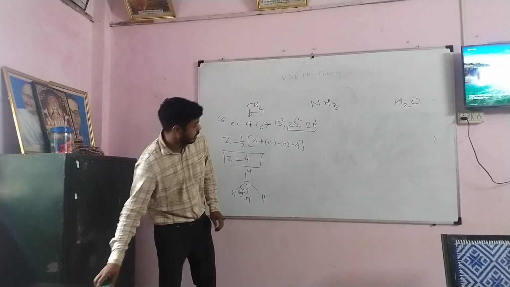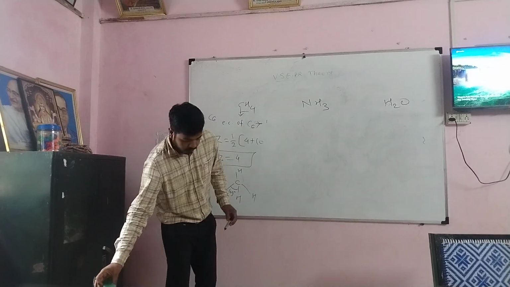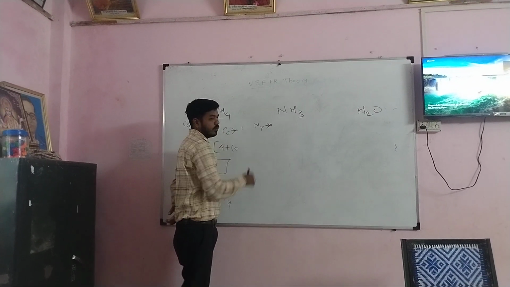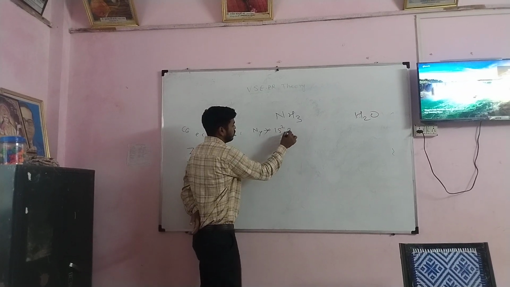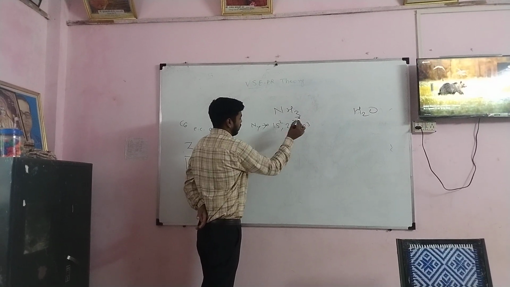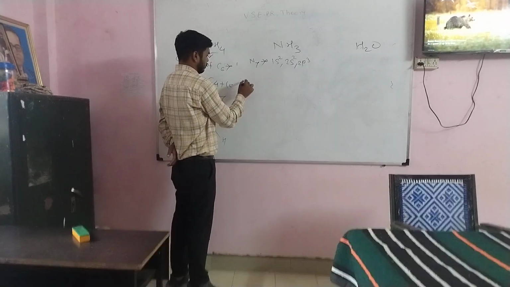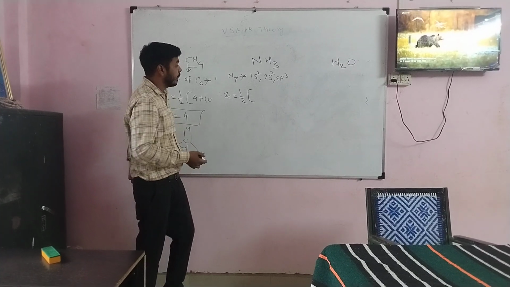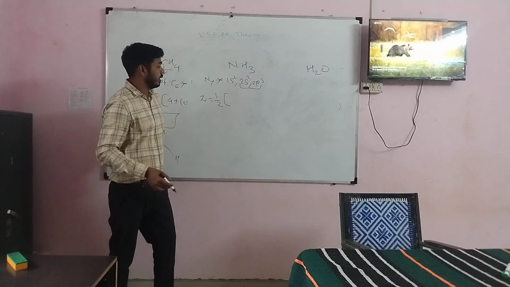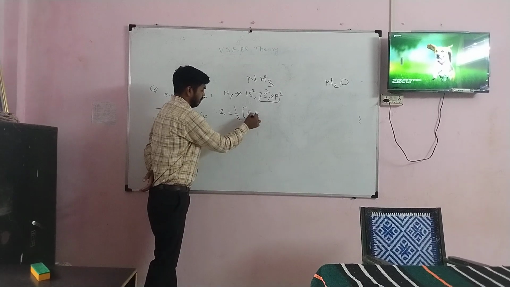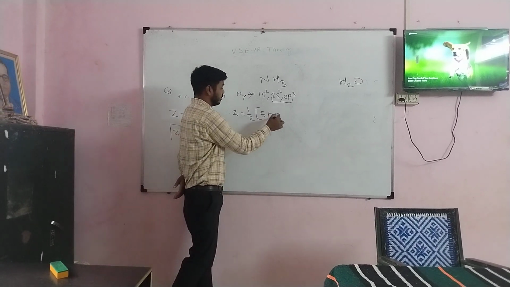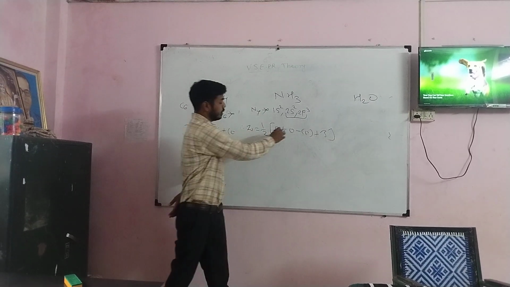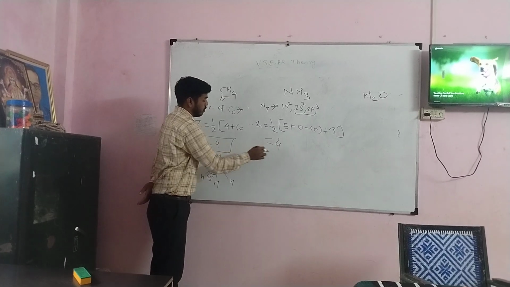In a similar way, the atomic number of nitrogen is 7 and the electronic configuration is 1s2, 2s2, 2p3. Then by using this formula, 1 by 2, number of valence electrons on the central atom, that is second orbit electrons, 2 plus 3, 5, plus any negative charge, nothing, 0, any positive charge, 0, and number of monovalent atoms is 3. So 5 plus 3, 8, divided by 2 comes to 4.